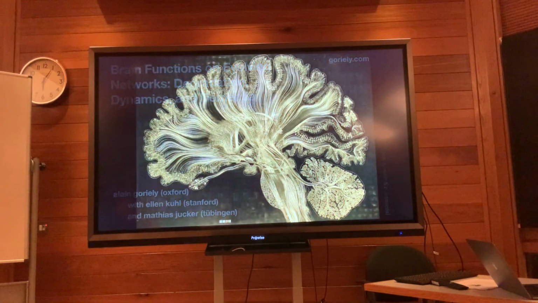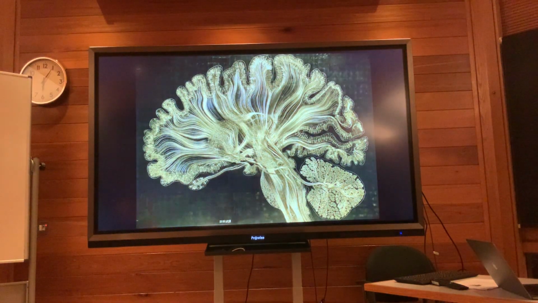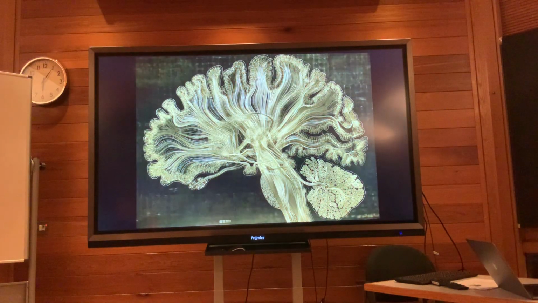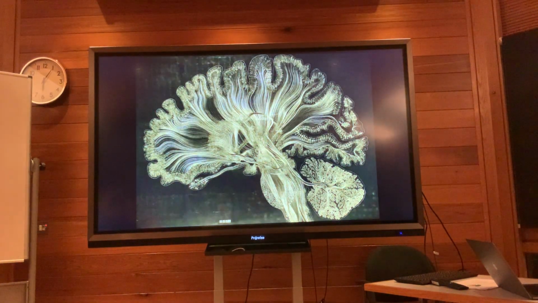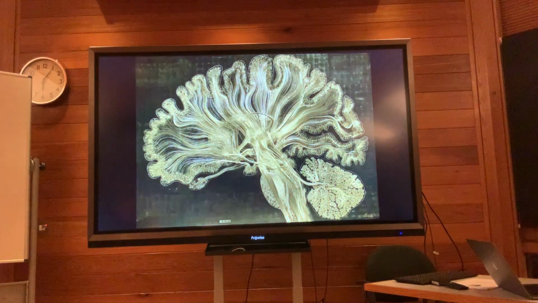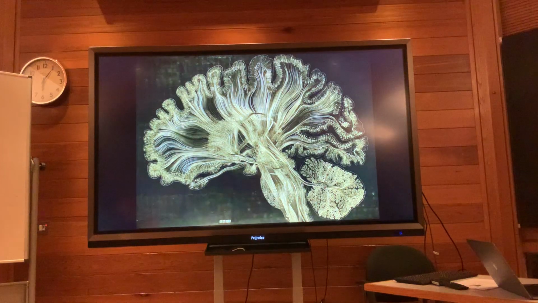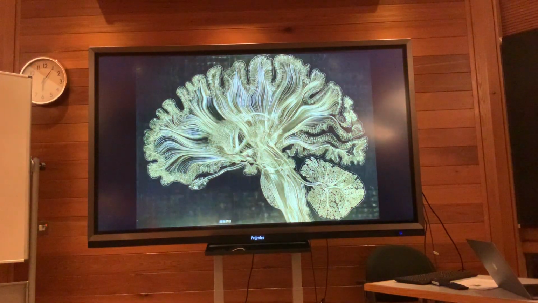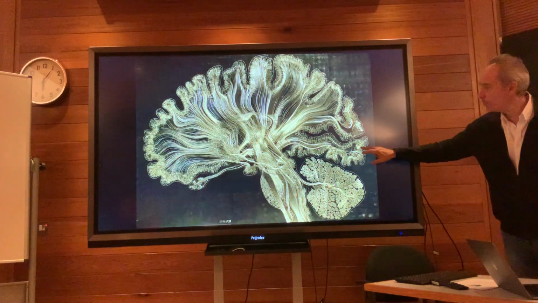So to start, this is a very nice art piece, but it's based on medical imaging. This is a sagittal slice of the brain. Just to introduce the topic, what you see right away is these long filaments that radiate from the outside. The outside of the brain is called the cortex. This is where you have a large number of cell bodies.